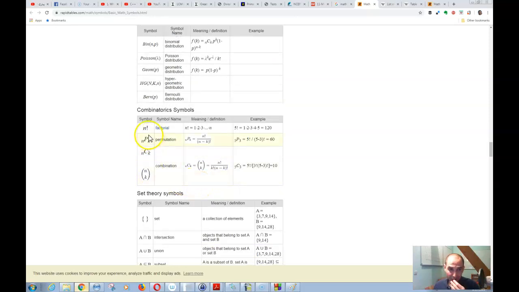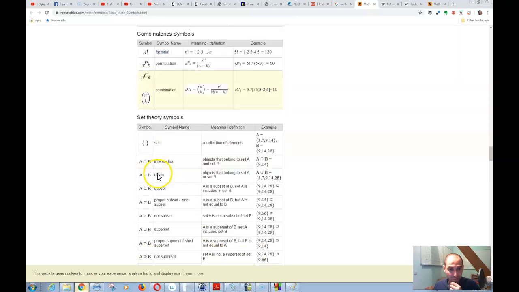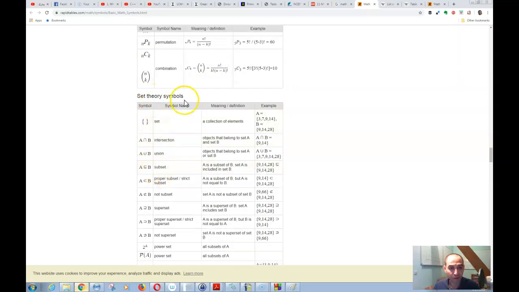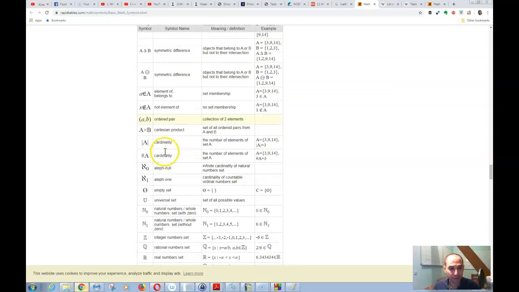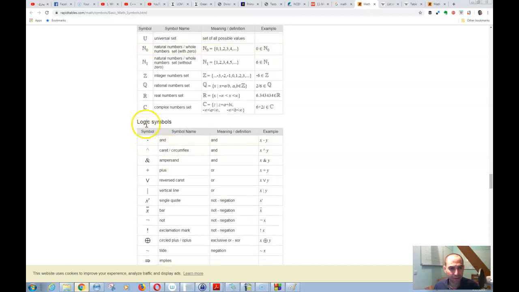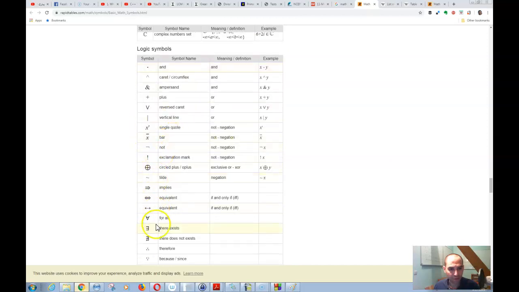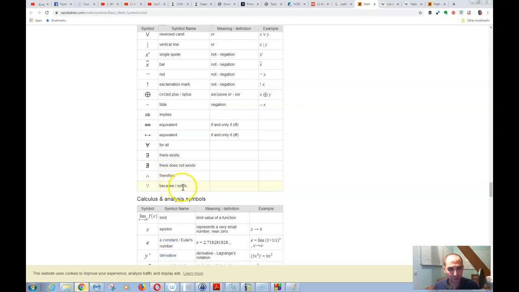These are about permutation, combination, and factorial and that sort of thing. Set theory symbols. These are logic symbols. Must be over here. Yeah, you can see that this means therefore, and this means because.